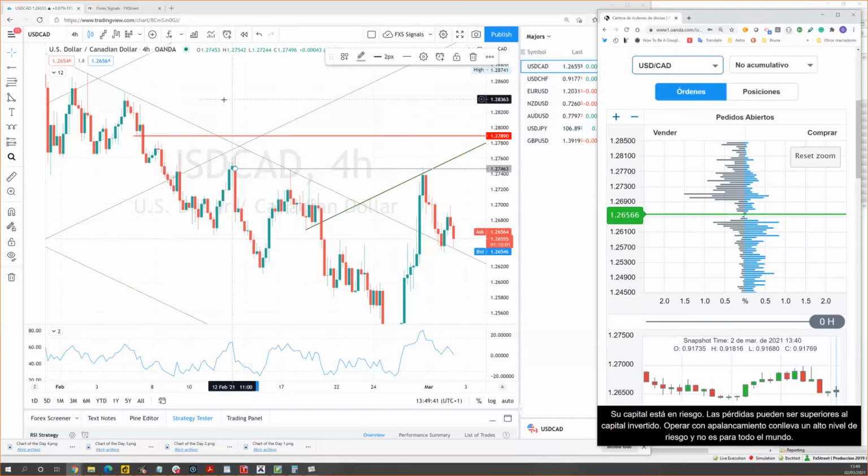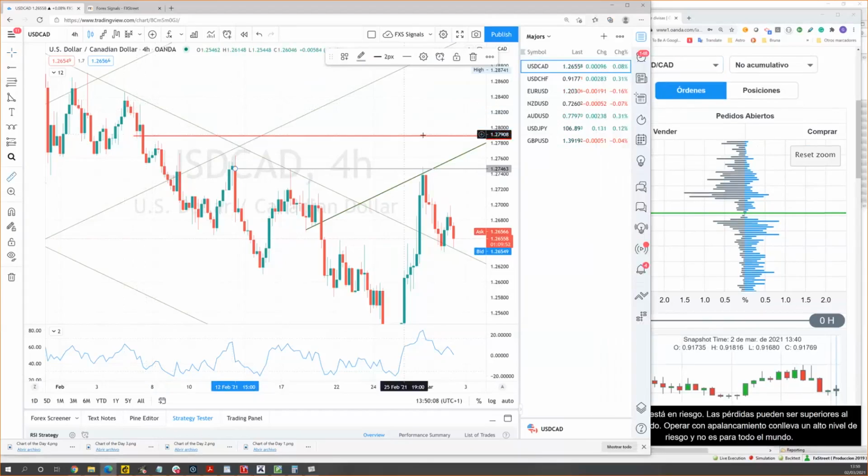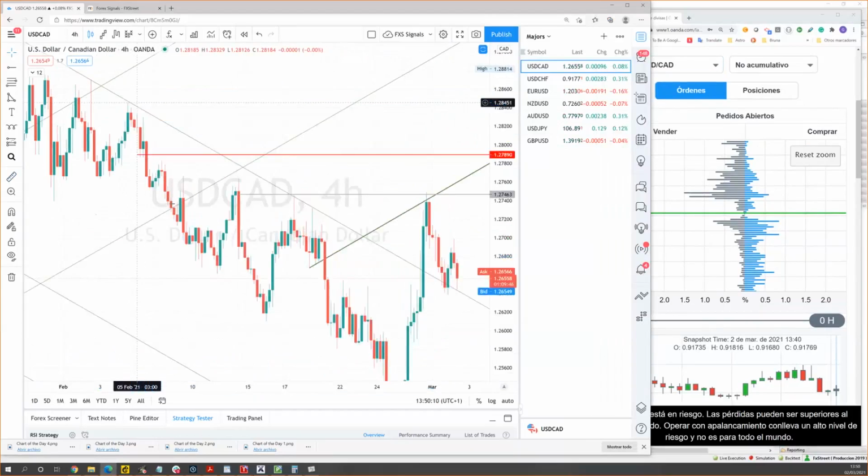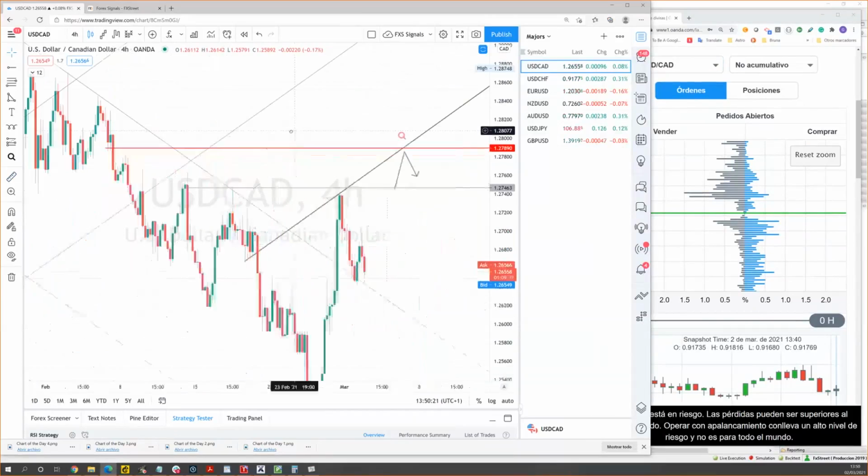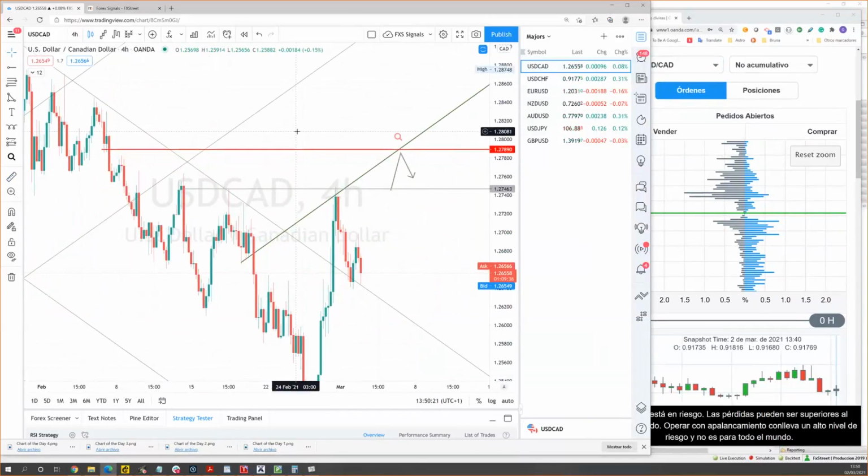We find again some resistance somewhere on this upper area. Okay, so this area is like 50 pips above our horizontal level. In this case, we got an entry at 27.89, and the stop loss goes at 28.29.